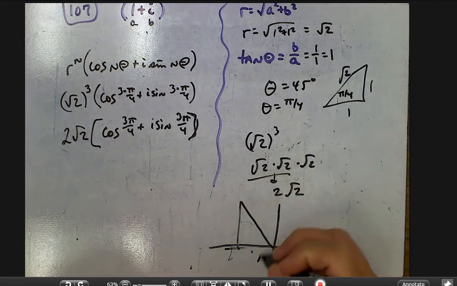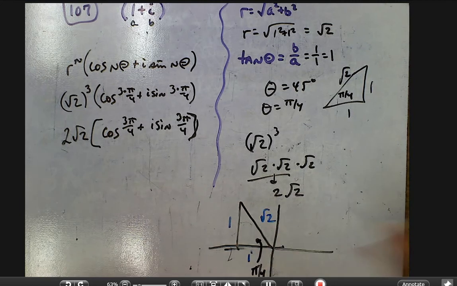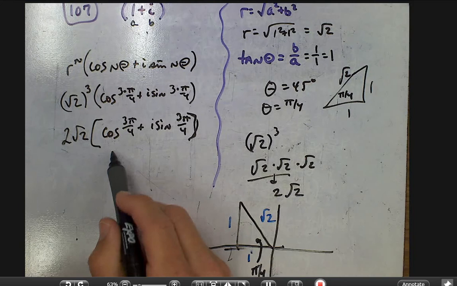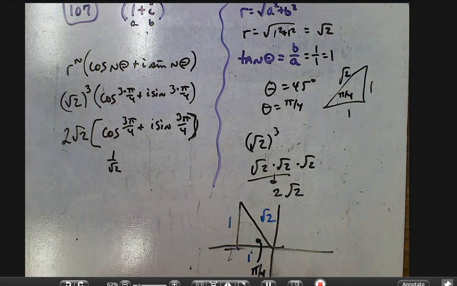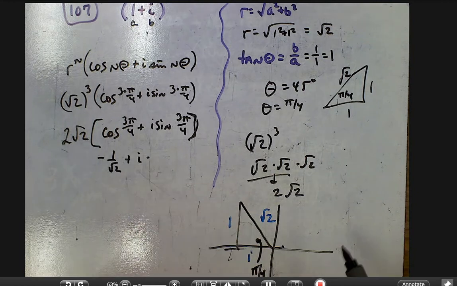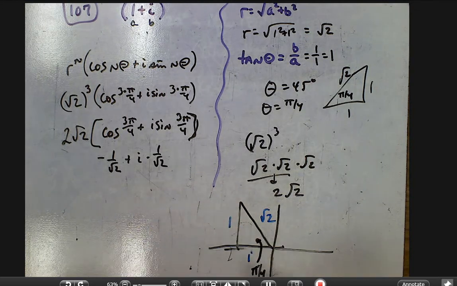This angle in here is pi over 4, and so that is 1, 1, square root of 2. And so the cosine of 3 pi over 4 would be adjacent 1 over square root 2, and the cosine is negative in the second quadrant, plus i times the sine. The sine is opposite 1 over square root 2, and sine is positive in the second quadrant.